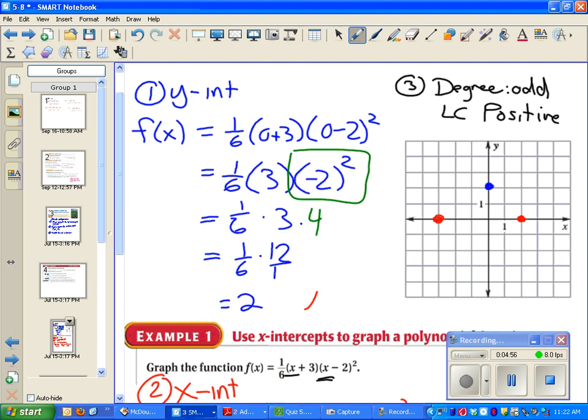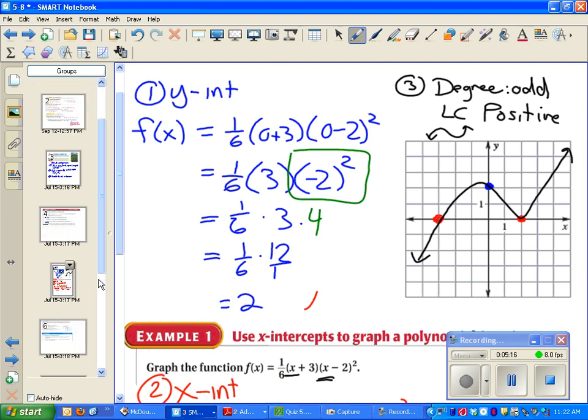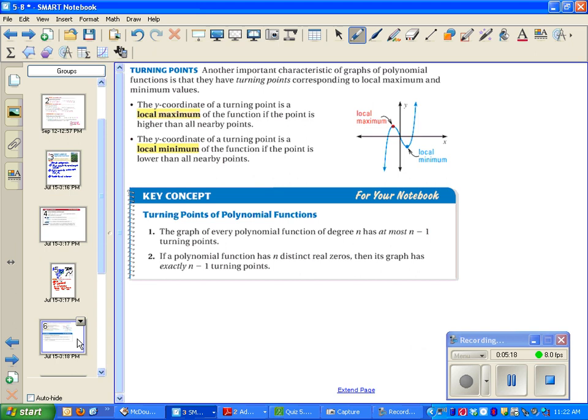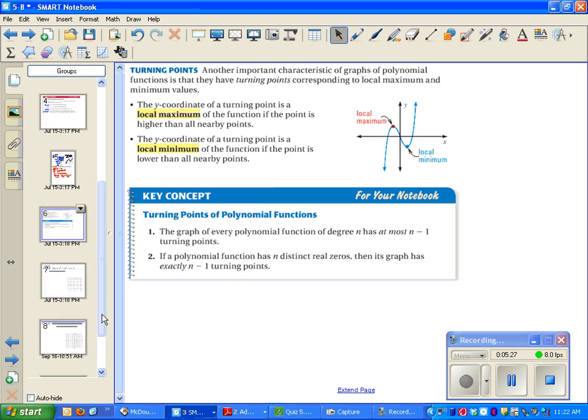If it's odd with a positive leading coefficient, we're going to start low and end high, and we're just going to make sure we go through the x and y intercepts. So I start here, and since we have a solution of 2 twice, it's going to bounce right there and go back up. And that is how you graph it. We'll do a couple more examples to make sure you have it. Local max and local minimum, don't really worry about that. You will be discovering that in pre-calculus and definitely more in calculus.